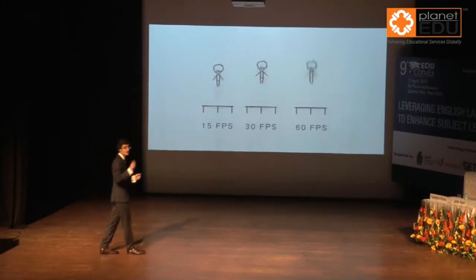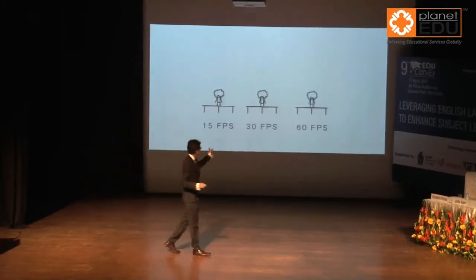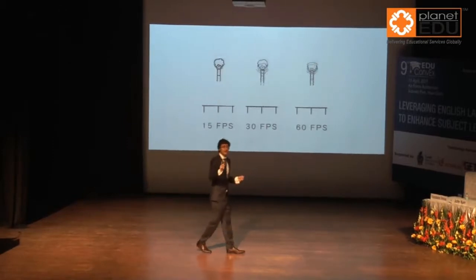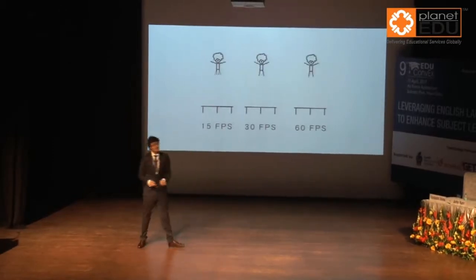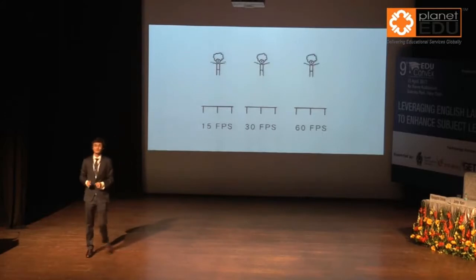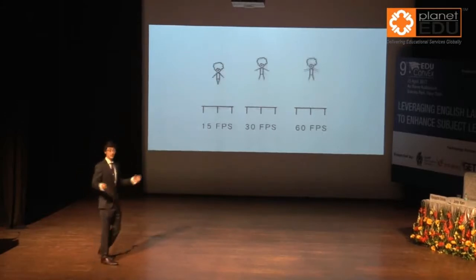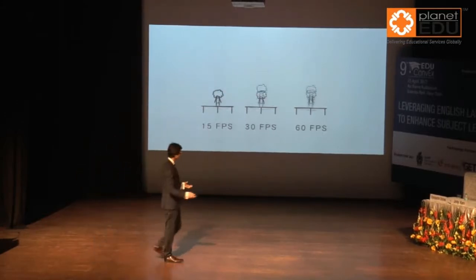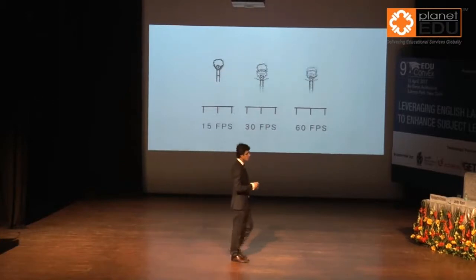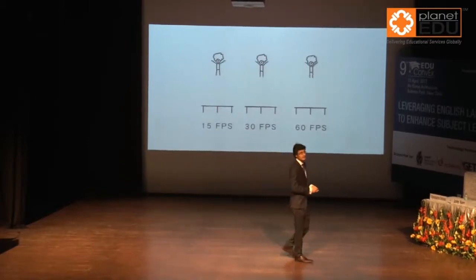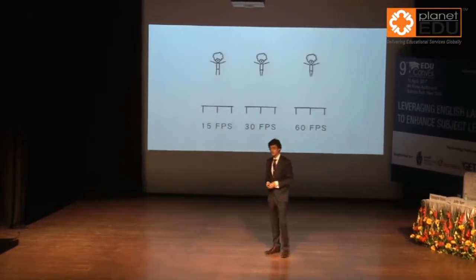But it would require a very fine eye to notice the difference. However, if you look at 60 frames per second, that's perfectly smooth, or so it appears to us. And that's what we're getting at, to make things look real.